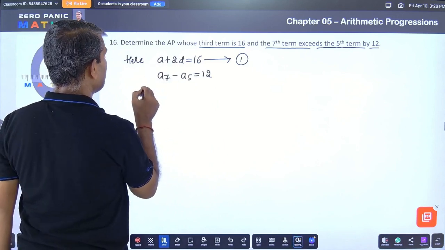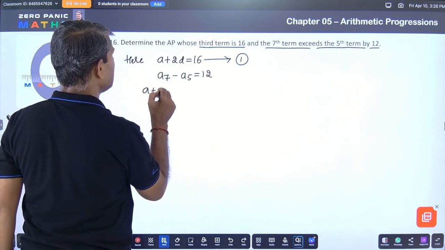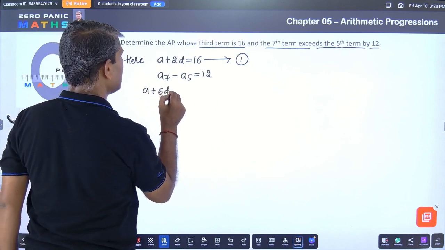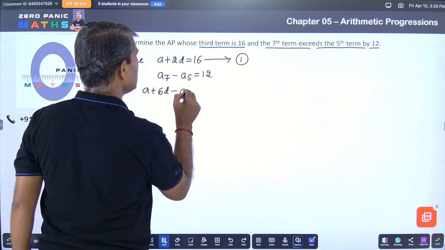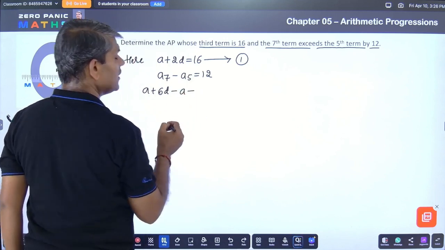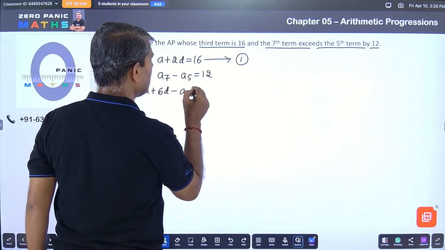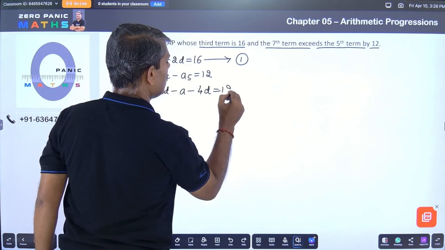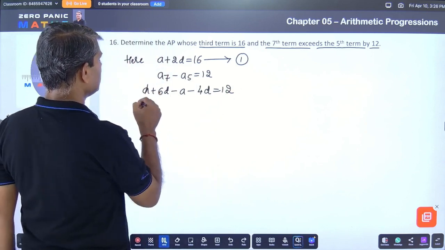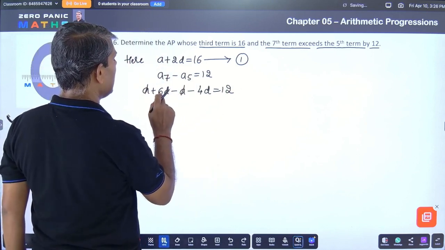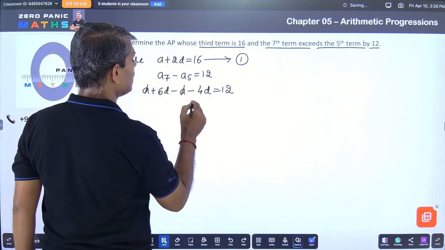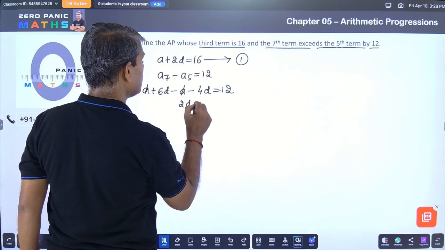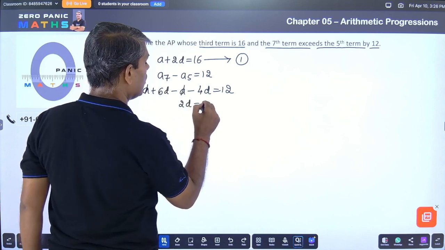A7 can be written as A plus 6D, right? Minus A5, which is A plus 4D, is equal to 12. So A gets cancelled, and 6D minus 4D, which is 2D, is equal to 12.